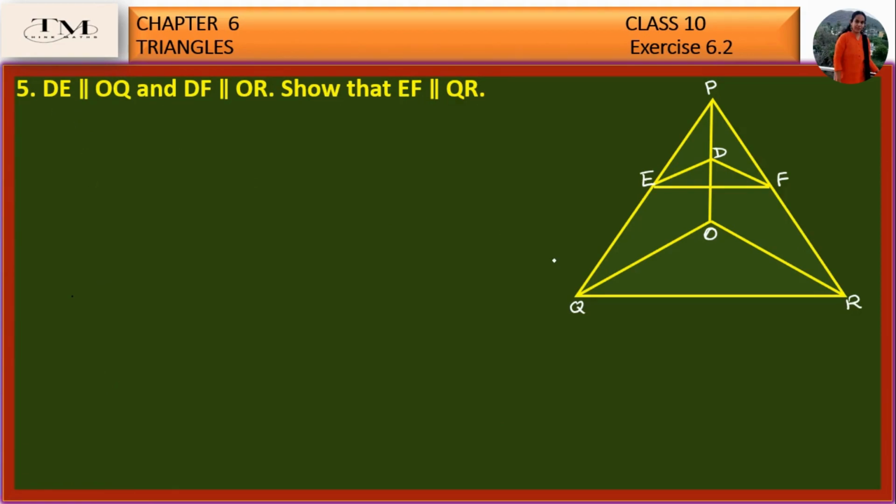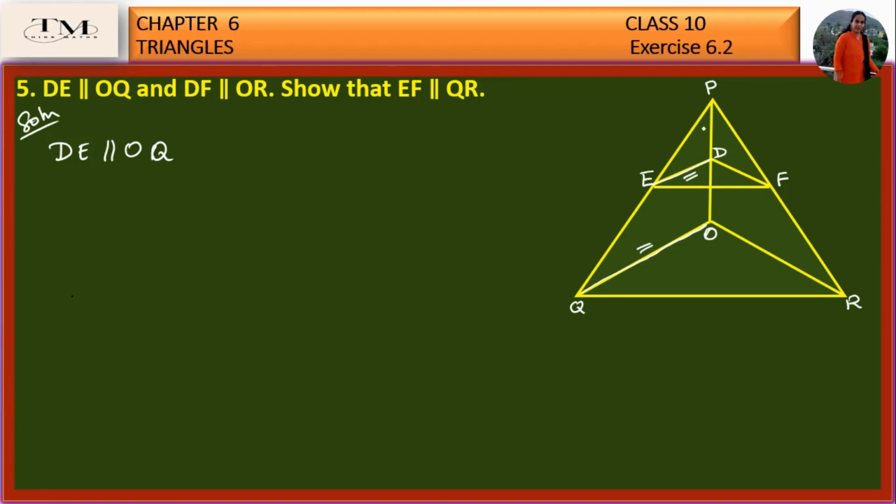What is given? In the triangle, DE is parallel to OQ and DF is parallel to OR. We have to show EF parallel to QR. Let us first consider DE parallel to OQ. DE is here and OQ is here, so these two are parallel.